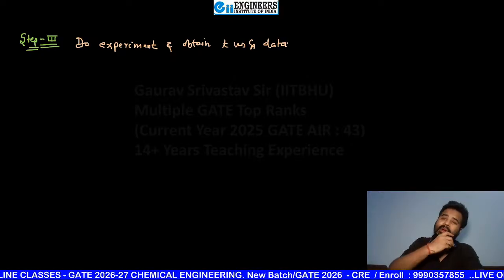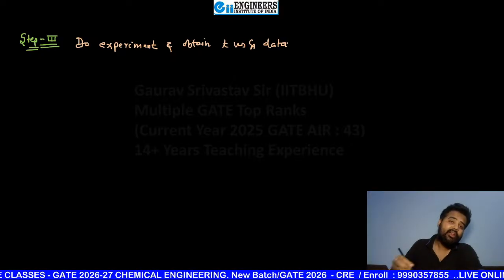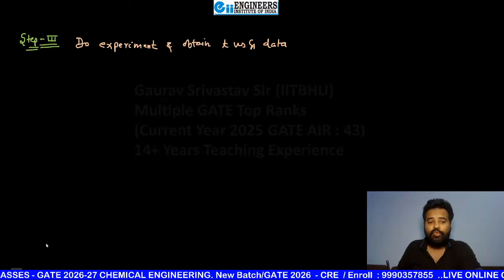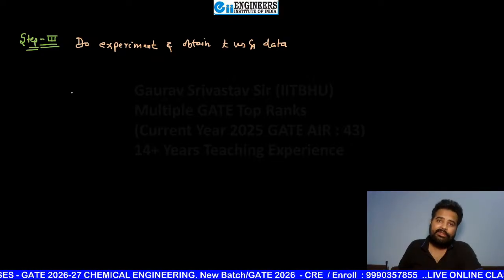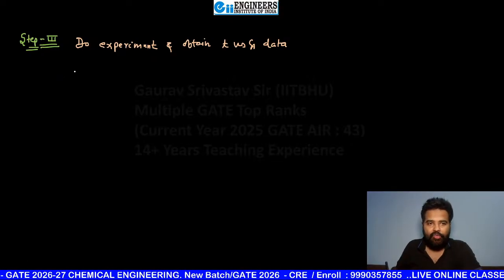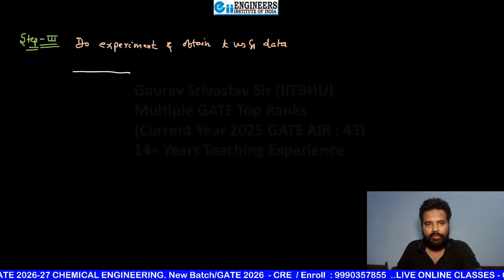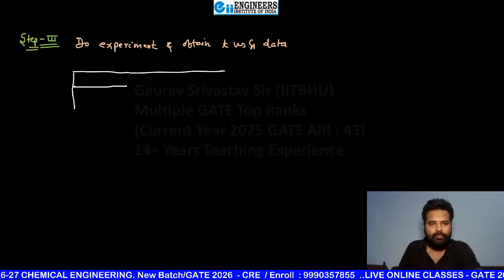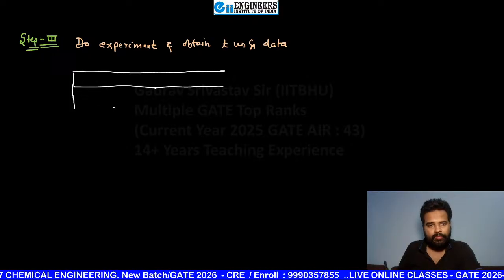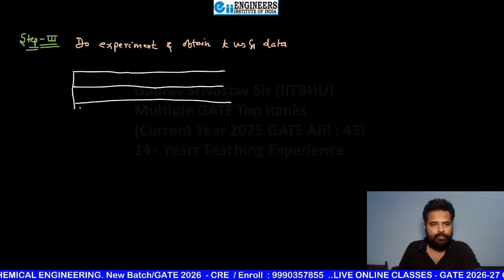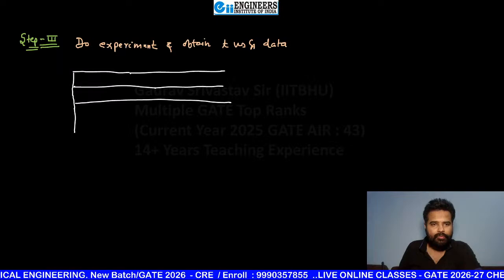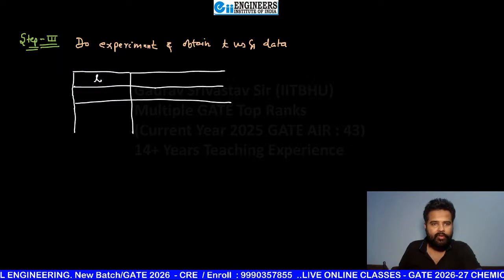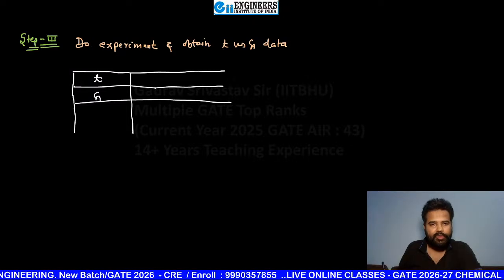You can use some composition analyzer in your reactor. That composition analyzer will tell you from time to time the value of concentration with respect to time. So T versus Ca data.